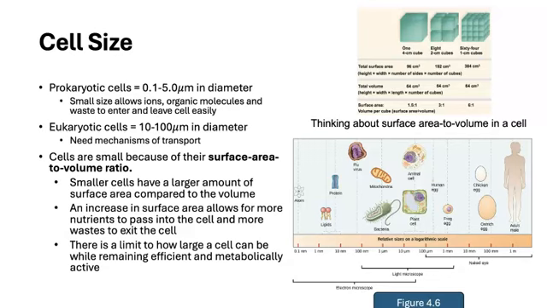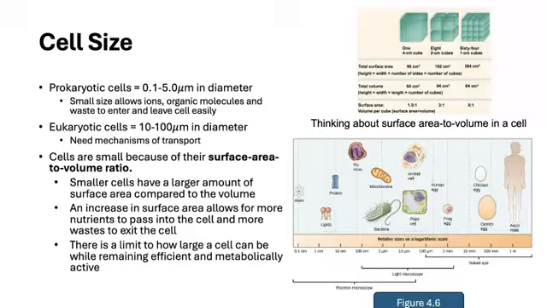Now we know that our cells are really small and we have to use a microscope to view them. And the reason they're so small is because they actually are going to have a surface area to volume ratio that is going to make the cell more efficient.